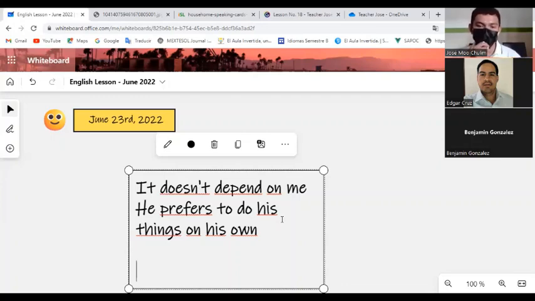Mi perro, él es muy amigable. Mi gata, ella es muy amigable. Pero en inglés usualmente se utiliza este pronombre, it, para referirnos a cosas o animales. Pero como les mencioné, podemos utilizar tanto el pronombre he o she para referirnos a ellos si son muy cercanos a nuestra familia.